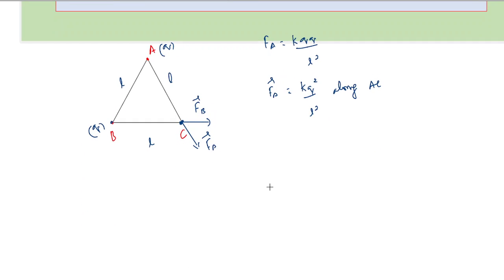Similarly, if you find the force Fb, even that would have the same value as Fa, which is K Q square by L square, but here it is along BC. We have two forces now, but these two have the same magnitude. We need to find the net force.